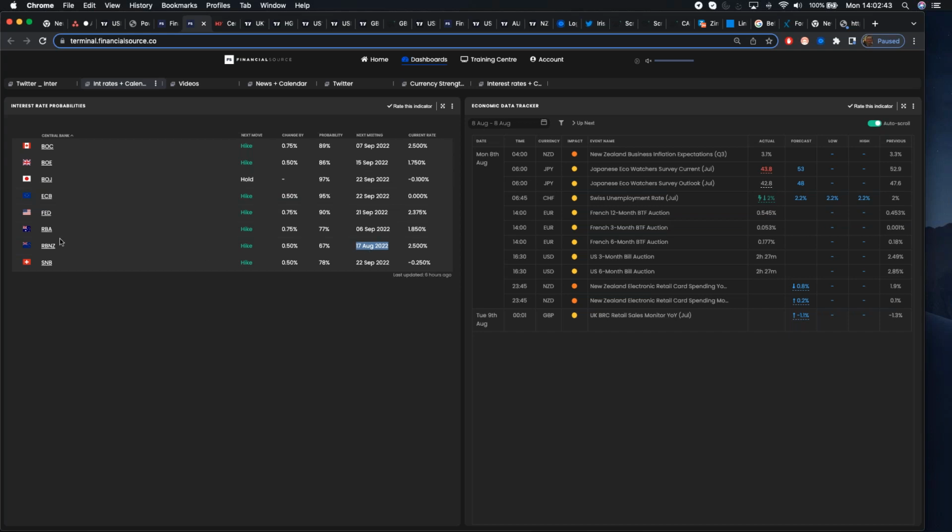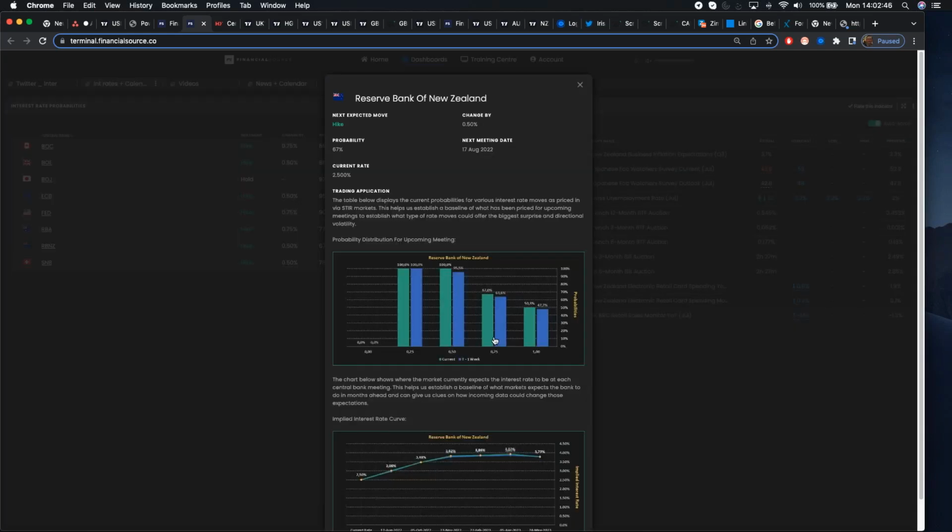And as things currently stand, expectations are 60% for 75 basis point hikes and 100% chance for a 50 basis point hike. So expectations have gone up in a week that the RBNZ will hike by 50 basis points. So there is a little bit of New Zealand dollar strength relative to the previous week from the STIR markets. So that would favour Aussie New Zealand dollar selling.